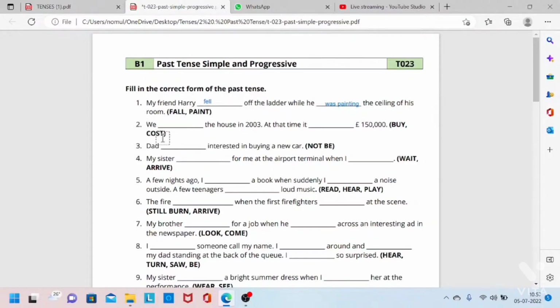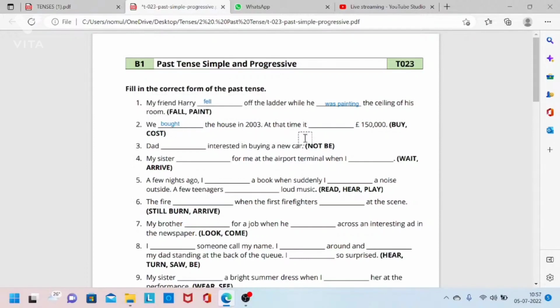Next let us see the second one. We dash the house in 2003.